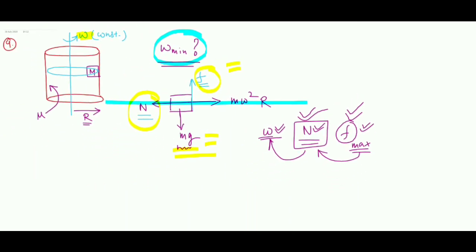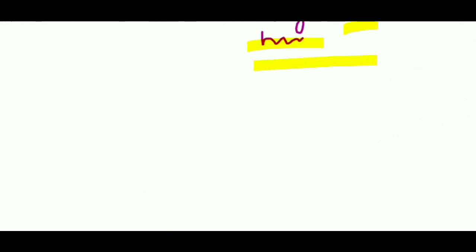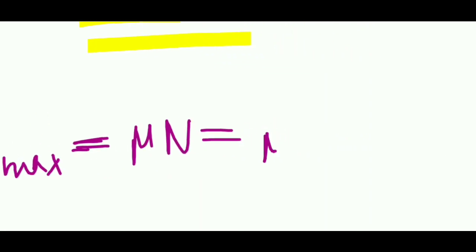But what we want in this question is the minimum value of omega. For that we use maximum friction, F max, which is mu into n, and the normal force here is m omega square r.